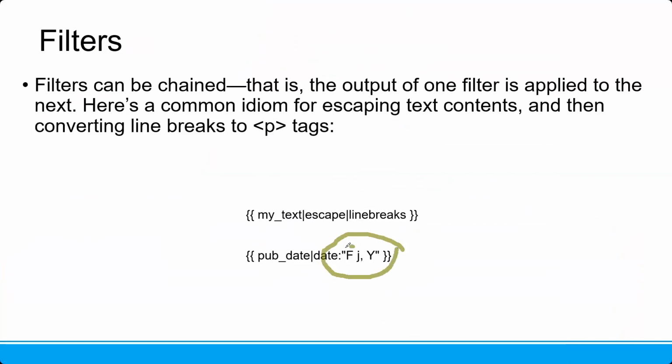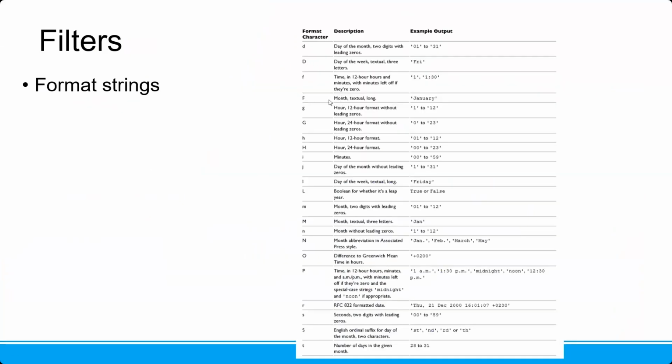So let's say this one: F, j, and Y. So what is it? F is month. Okay. j is the day from 1 until 31. So this is different from d, which is from 01 until 31. Okay. And then Y. Where is Y?